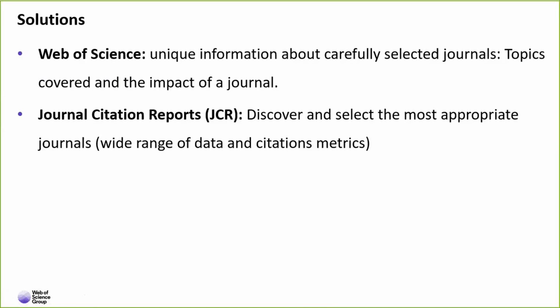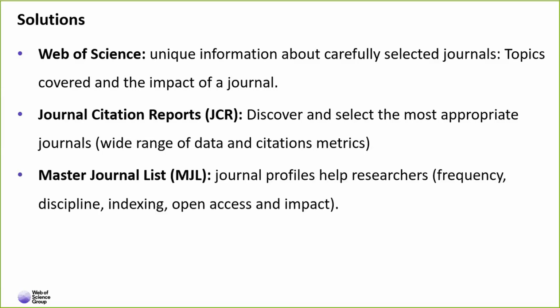So how can we discover and select the most appropriate journals? There are lots of metrics, data and citation metrics you can use to compare journals. I'll speak about that. That's very important that you use those citation metrics very carefully and wisely.